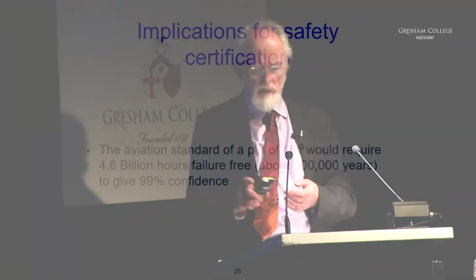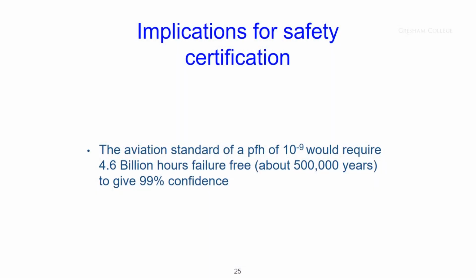They're simply not sustainable as logically valid safety arguments, and yet you see them everywhere, and you're even permitted to do it by some of the international standards. Now, the implications of these calculations are that you need an awful lot of evidence for safety certification if you're going to try to certify something to very low probabilities of failure.